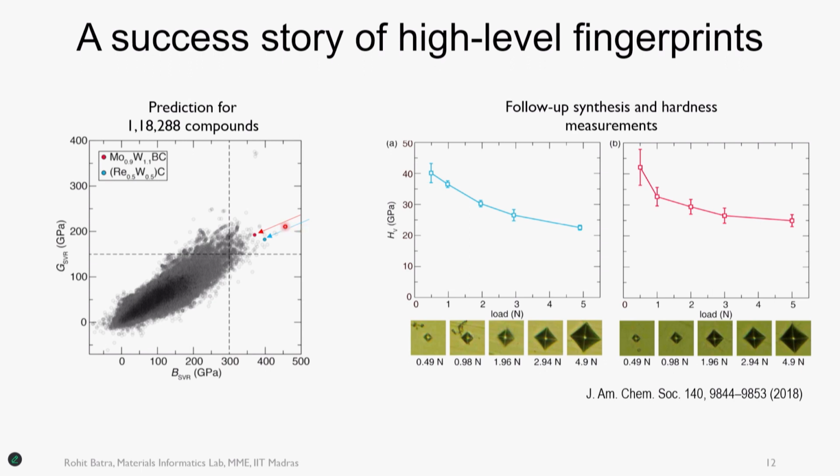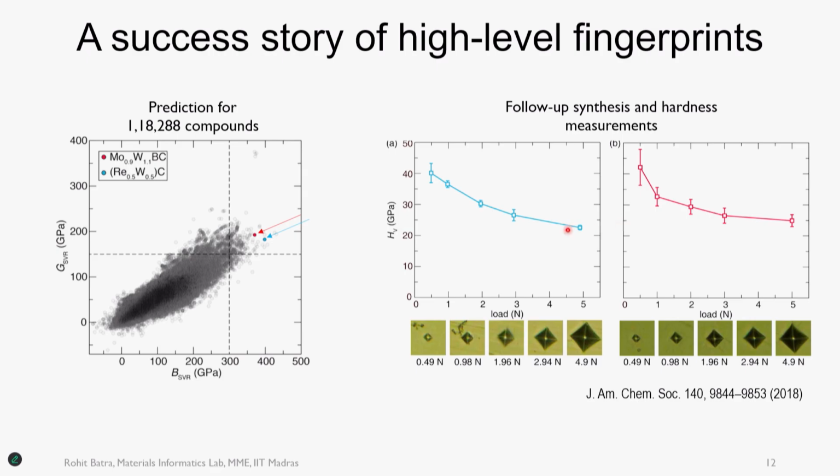But once you have done this, they selected two compositions which are giving high bulk modulus and shear modulus at the DFT level of theory. Once that was done, they went ahead and did experiments on it, and they found that these are indeed showing, I think they call it super hard materials.